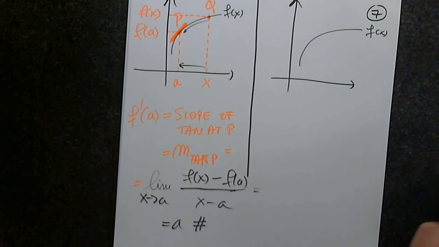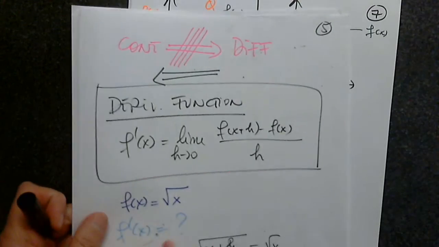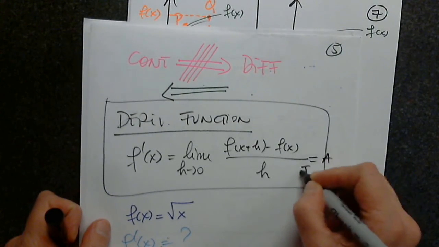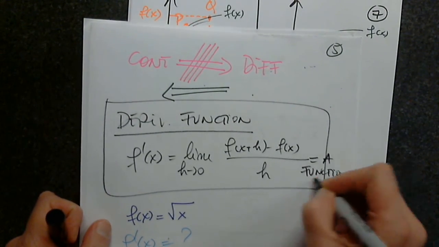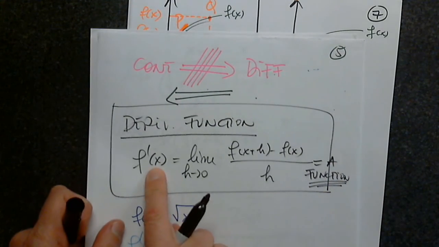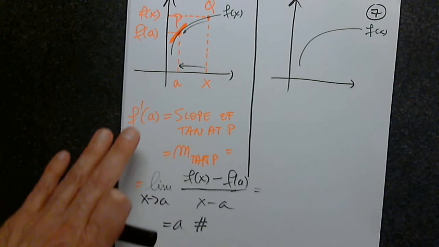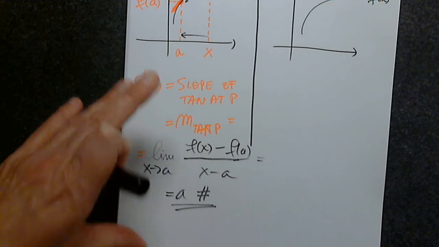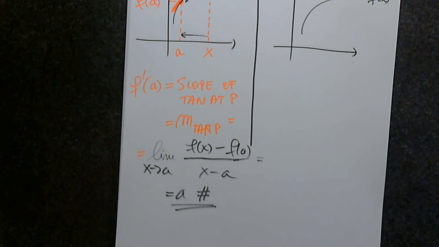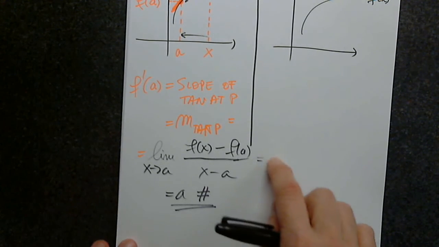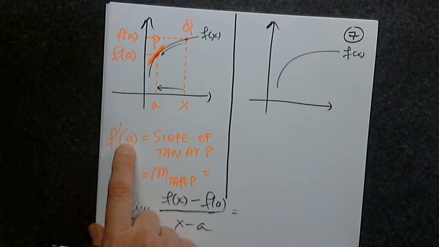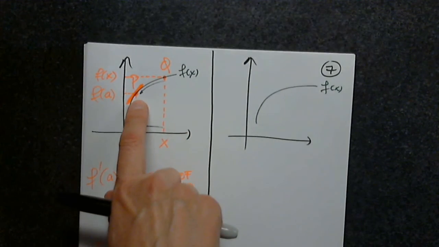This one, a function. f prime of x, a function. This one, a number, if the function is differentiable there, of course. If this is infinity, then the function is not differentiable at a, or at P if you want.